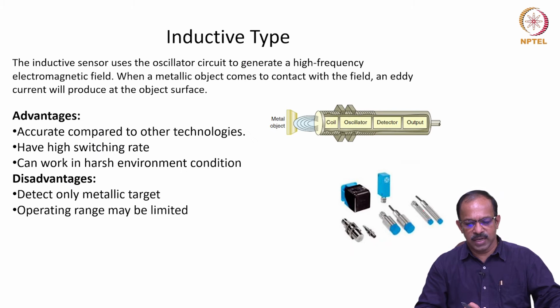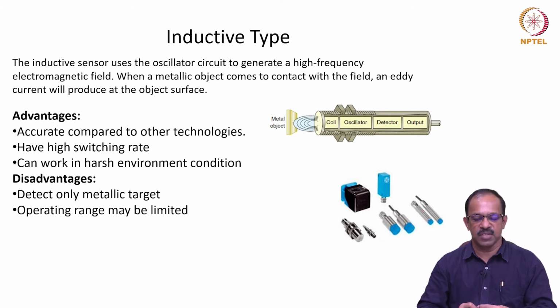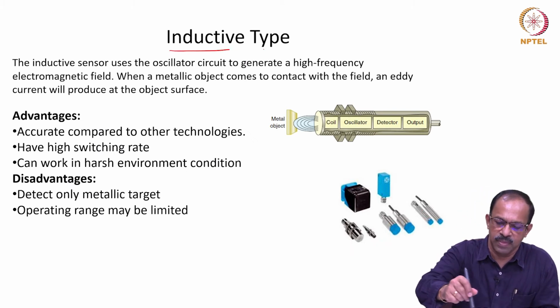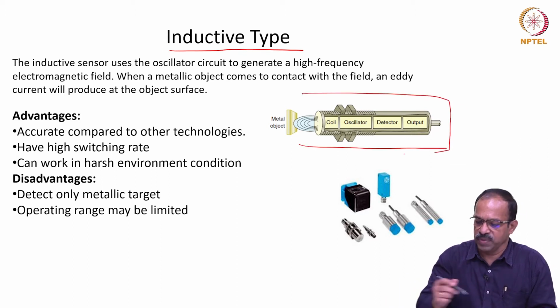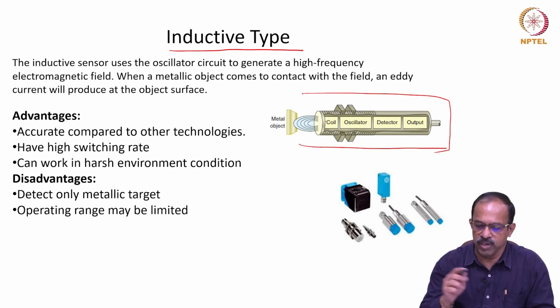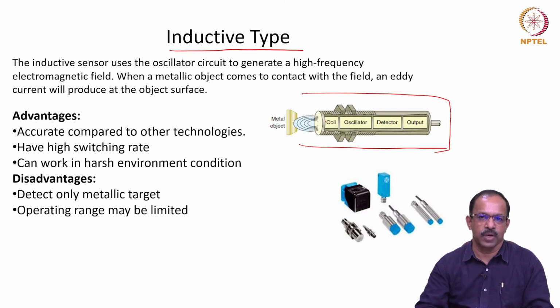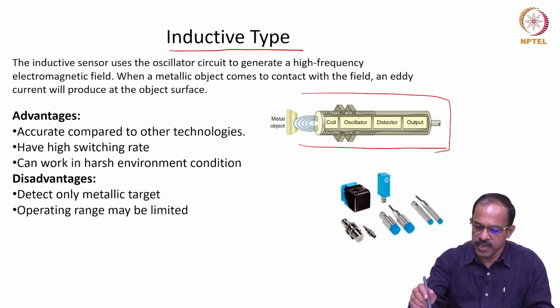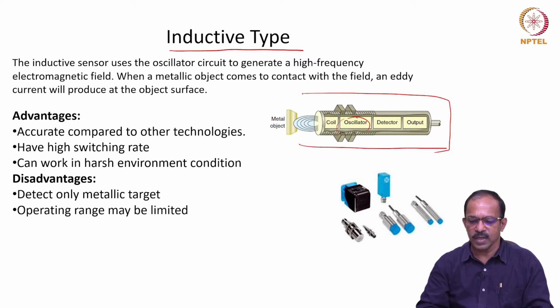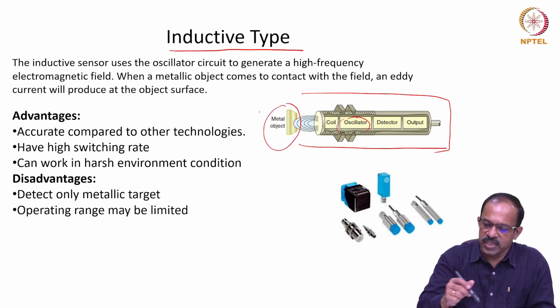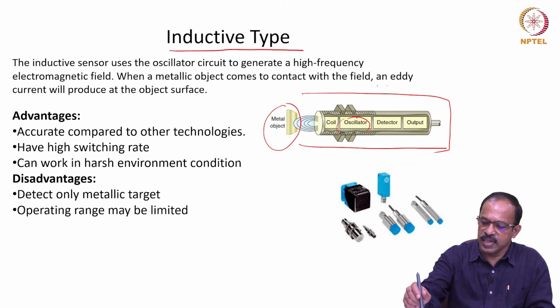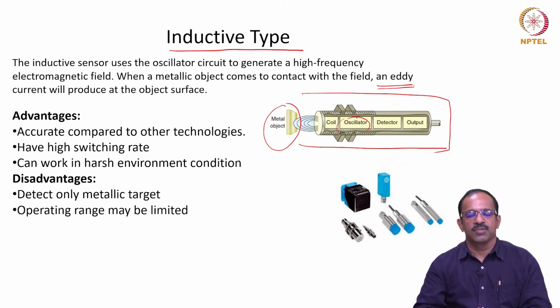Let us look at the working principle of these sensors. First, the inductive type. This is the basic construction of an inductive type sensor. There will be a coil which is actuated through an electrical supply, and an oscillator which generates a high frequency electromagnetic field. When a metallic object comes close to that, an eddy current is induced on its surface.